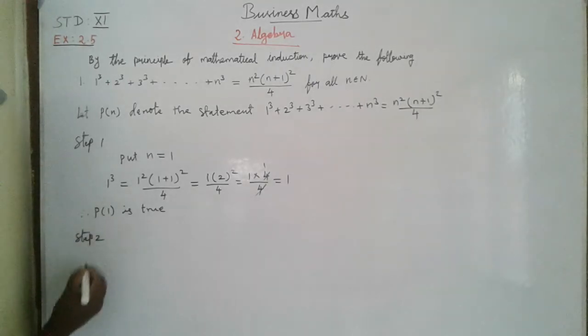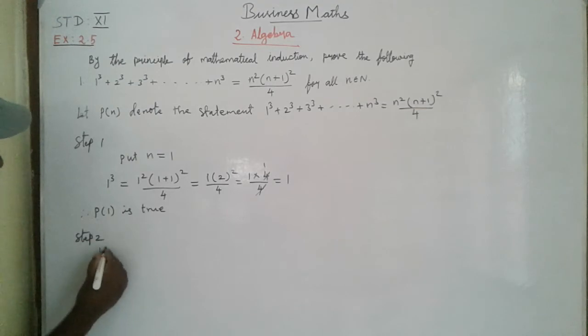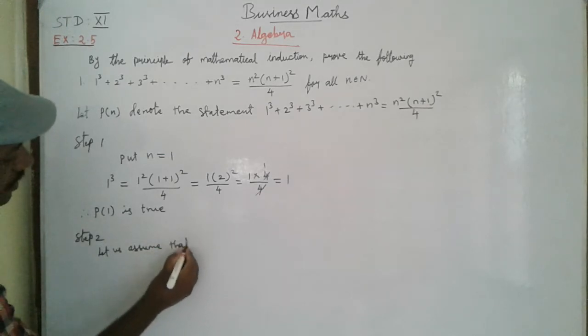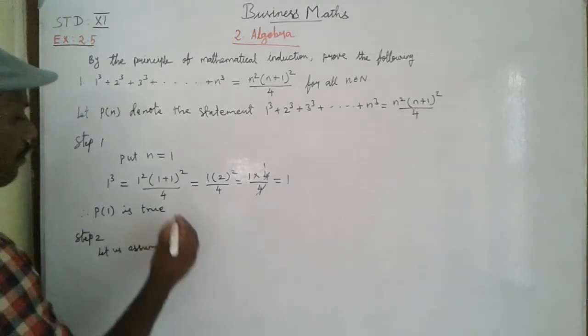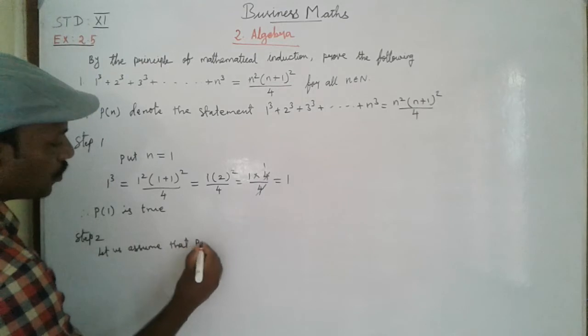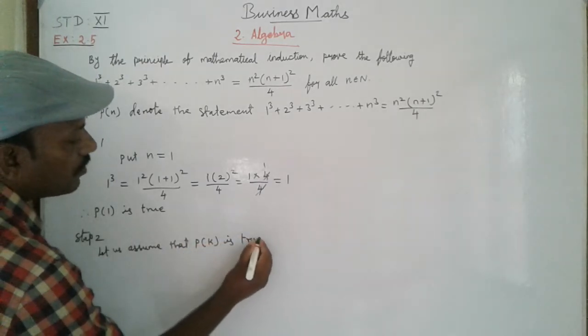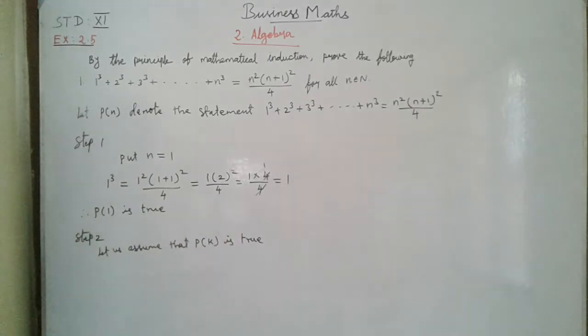Now step 2. Let us assume that P of k is true. P of k is true. We should take P of k is true. Then P of k is what?